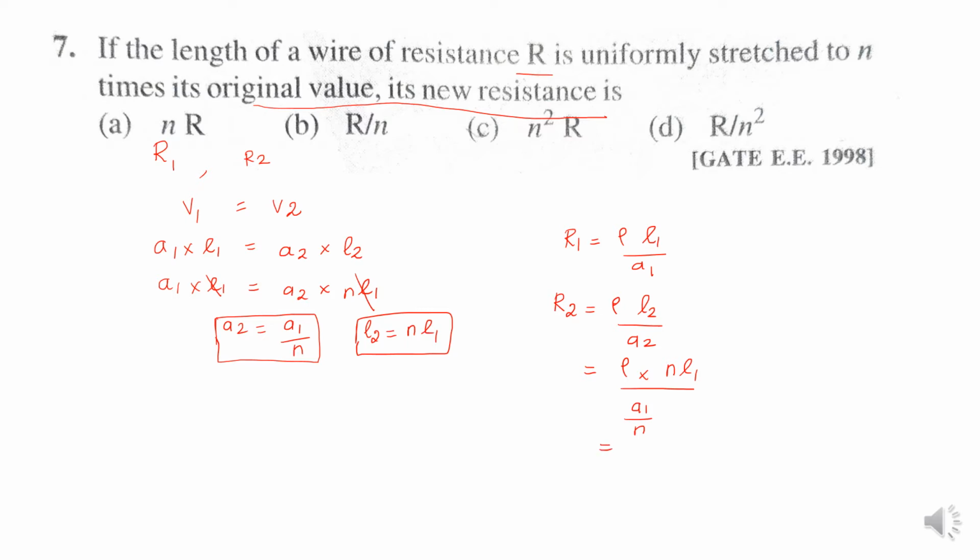From this I can separate rho into L1 by A1. Remaining I have n into n, that is n square. So what is R2? R2 equals n square into R1. R1 is equal to R. So the answer is n square into R, that is the new resistance R2.